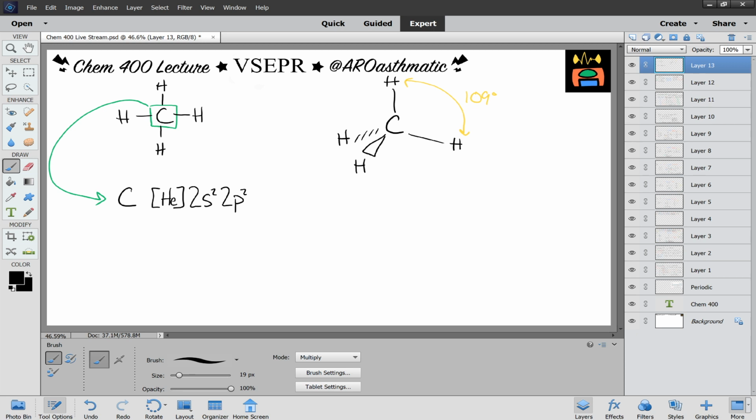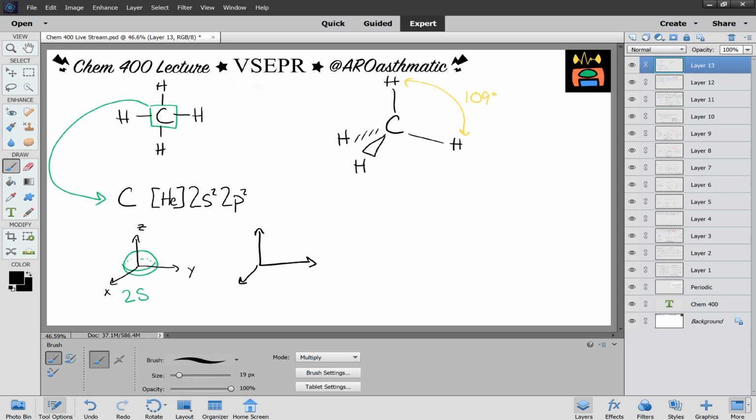And if you look at those orbitals, okay, now here we're going to stretch our brains back for a while. Let's actually draw them out. The s orbital is a sphere, spherical shape. This is our 2s orbital. Now let's look at our 3 2p orbitals.